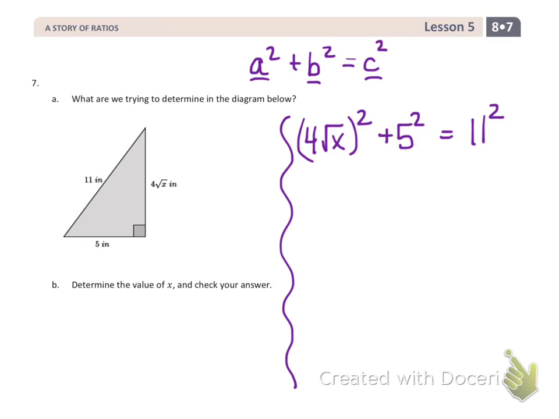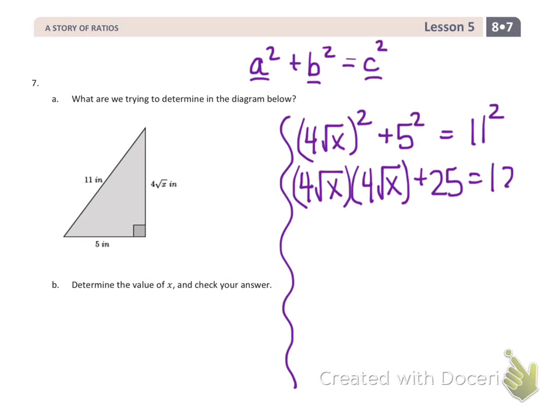Okay, so 4 times the square root of x squared. To square a number, I just do 4 times the square root of x, use it as a factor twice, multiply it by itself. Okay, so now we've got that.